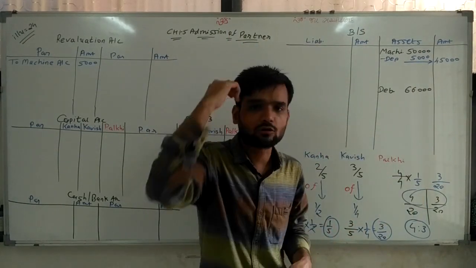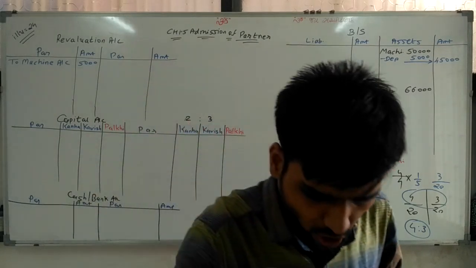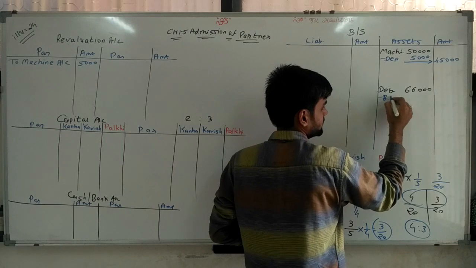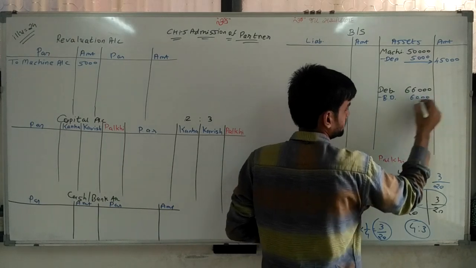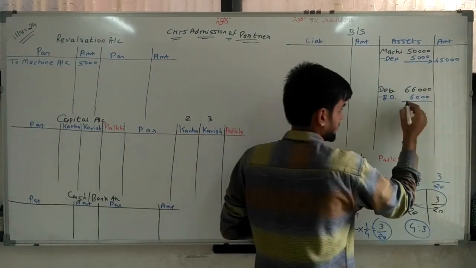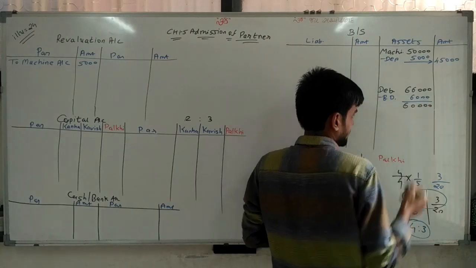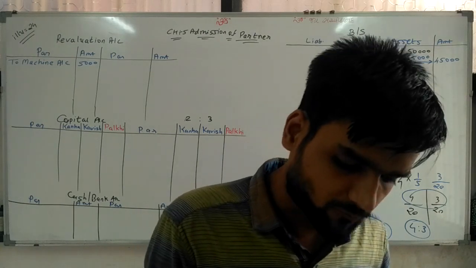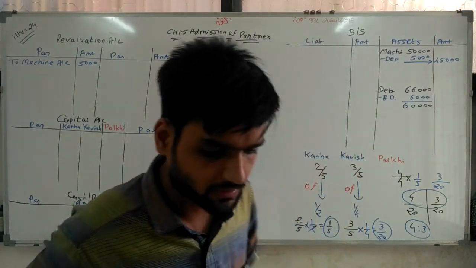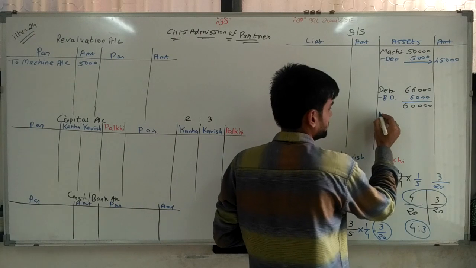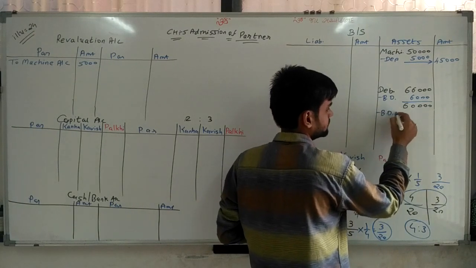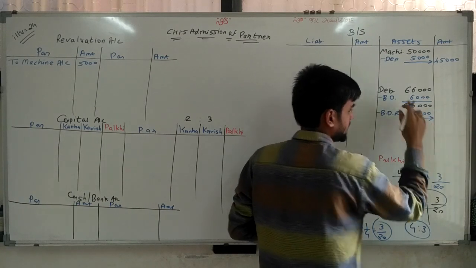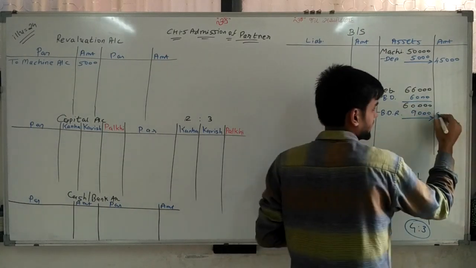From this 66,000 rupees, bad debt write off 6,000 rupees. So minus bad debt 6,000. So remaining amount 60,000. And bad debt reserve, provision for doubtful debt, 15% we need to find. So 15% bad debt reserve is 9,000 rupees. And after deducting this 9,000, we are getting 51,000.